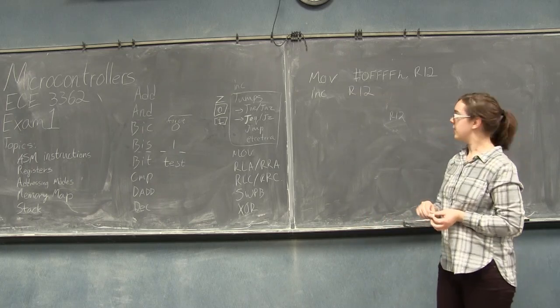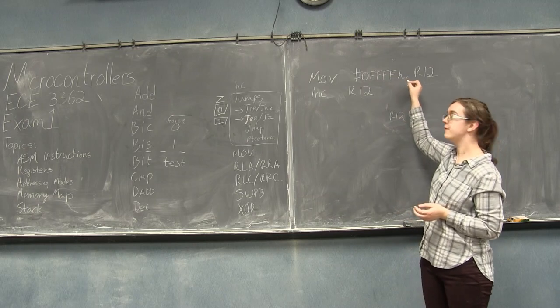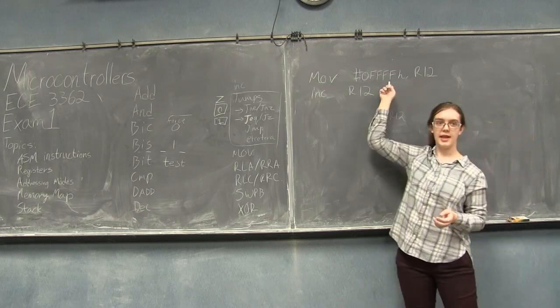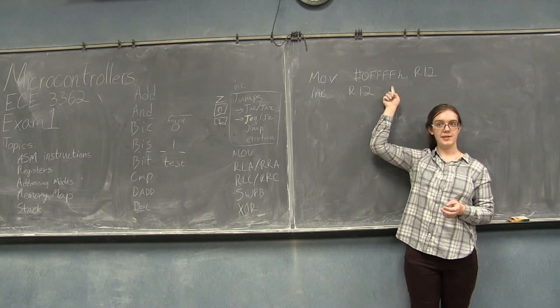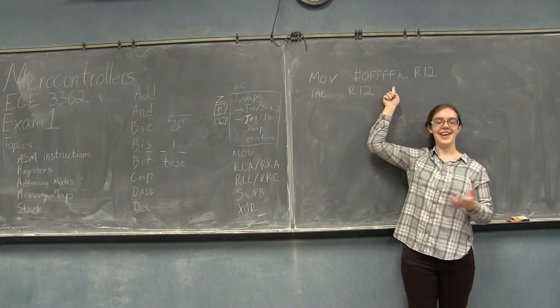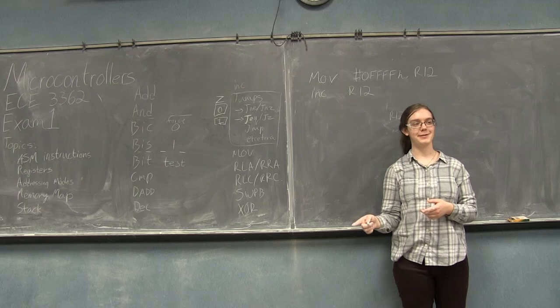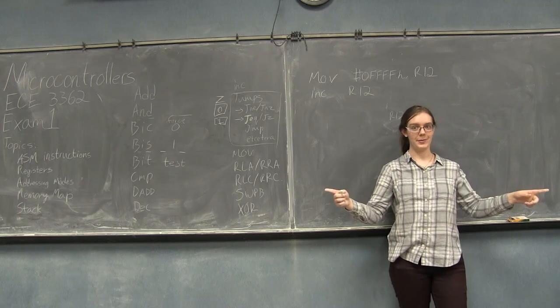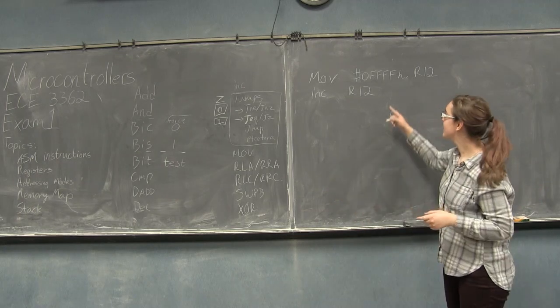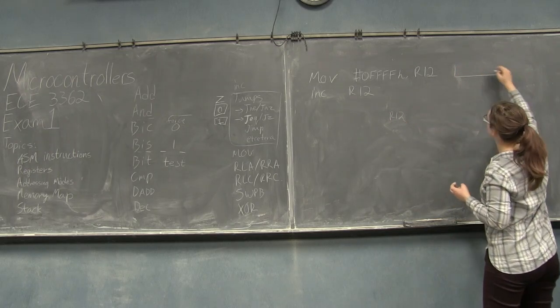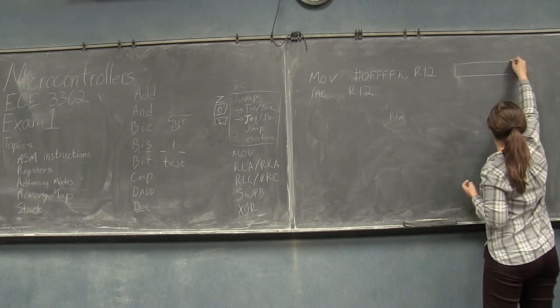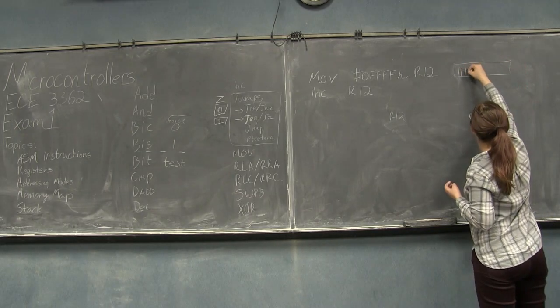So you load the value FFFF to R12, and what's that equivalent to? All ones? Yeah. So that's its decimal, but in binary, it's also all ones, right? Actually it's 16 ones.